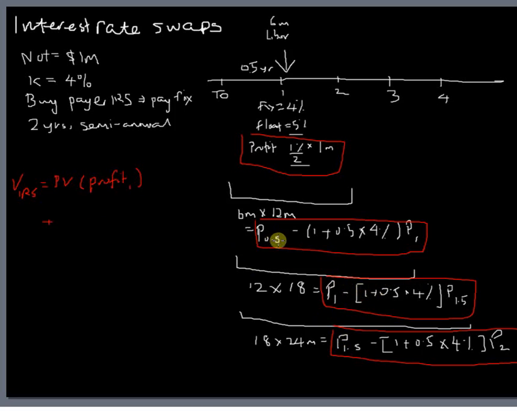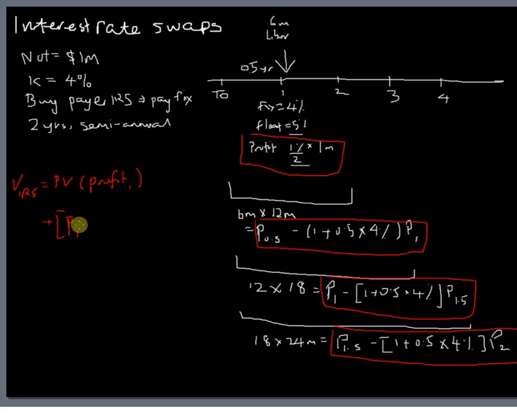If you look at all this, there are some terms that cancel off. So this can be reduced to, I call it P, I call it 0.5 here, so maybe I call it P1 here to denote that this is the first period.